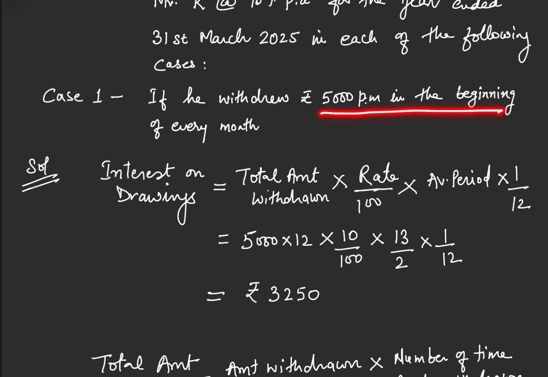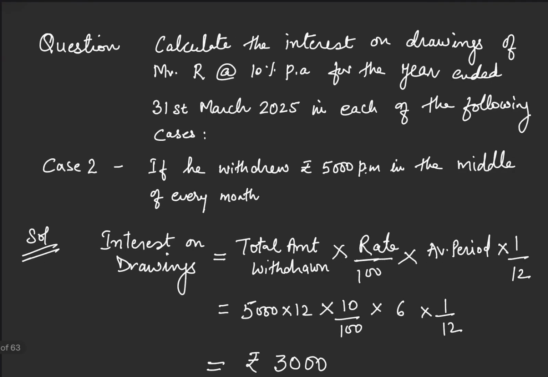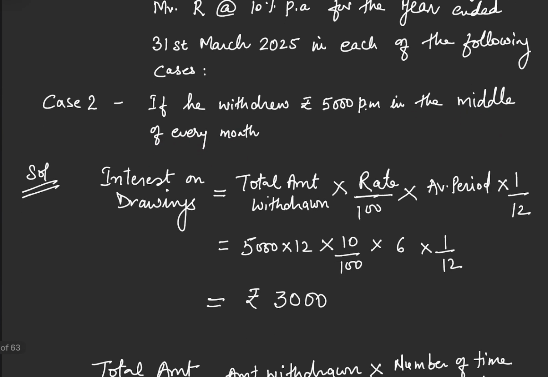So this question was in the beginning of every month. Let's move on to case number 2, where the amount 5,000 per month will be withdrawn in the middle of every month. As we have already discussed, the average period and the total amount withdrawn will remain the same here also.